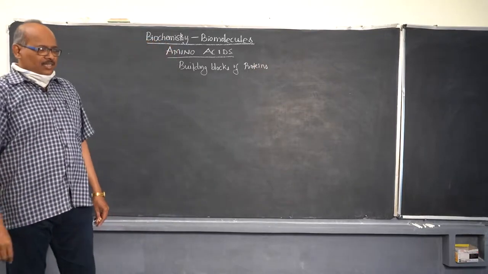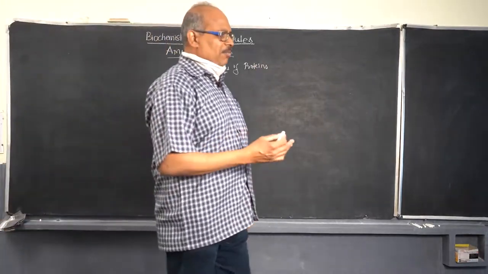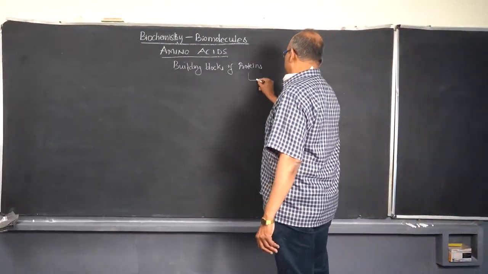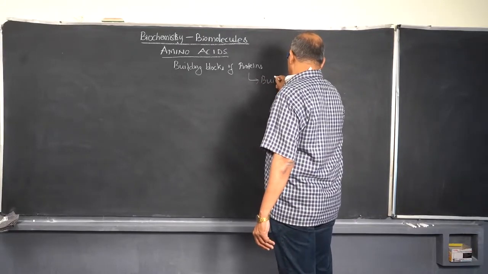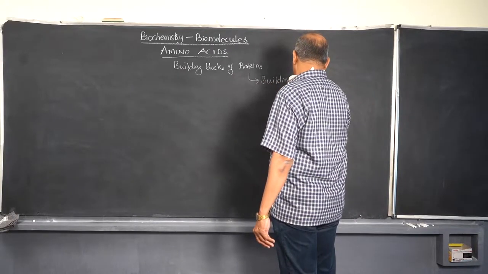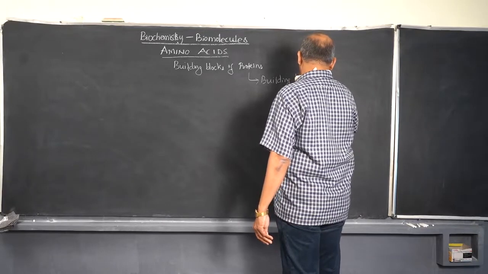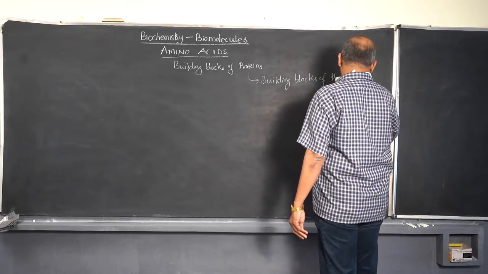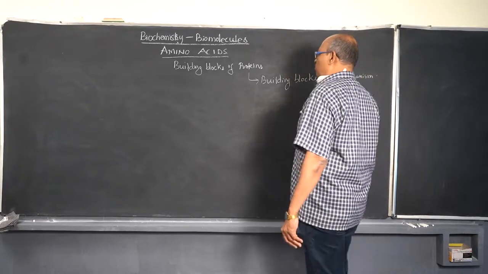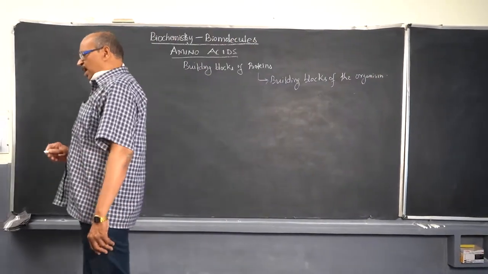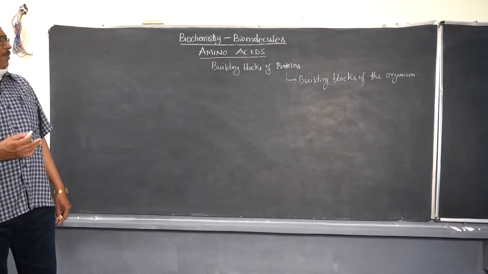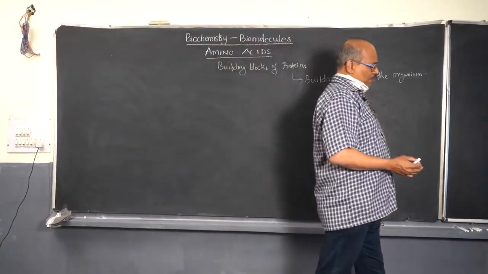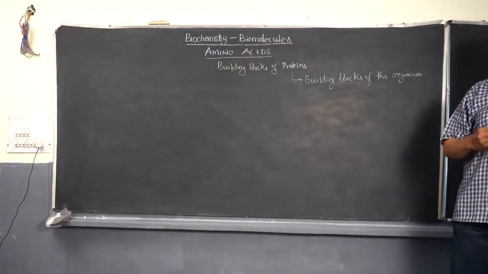And in turn, the proteins are the building blocks of the organism. So that's one easy way we can define amino acids. They are the building blocks. And these building blocks we see in case of proteins, polypeptides, and proteins will form the building blocks of the organism.